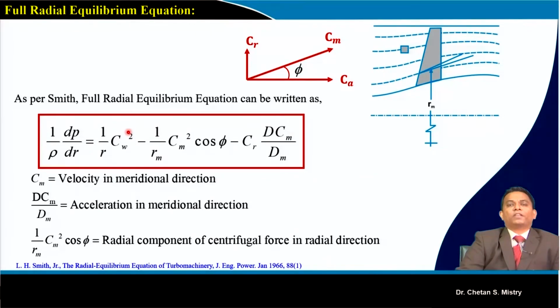Mostly all engine manufacturing companies have their own code for simulation, and in line with that, many people at university level are also working on analyzing this flow. This is called the streamline curvature method. We will not be discussing this in detail, but it gives us an idea of what our full radial equilibrium equation is.